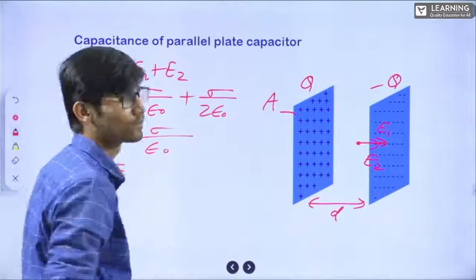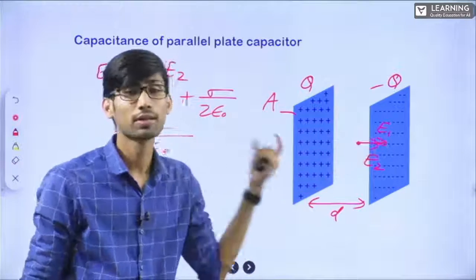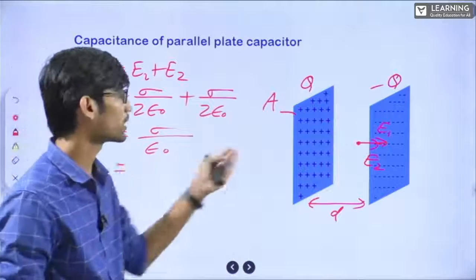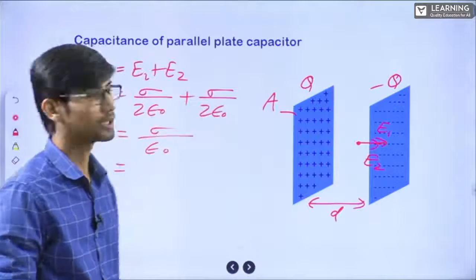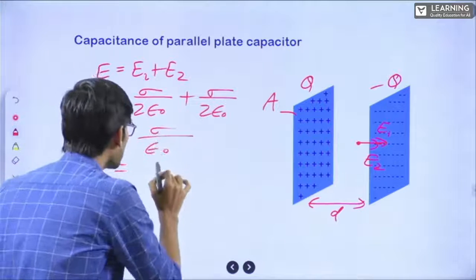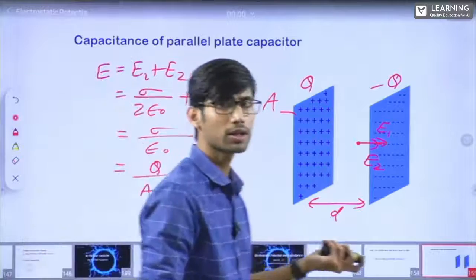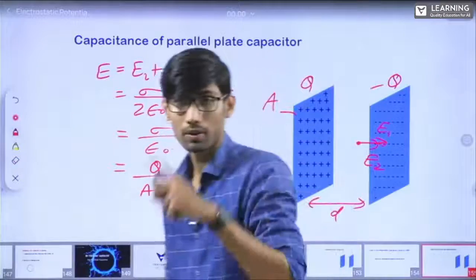This we already know: between any two infinitely long plates having equal and opposite charges, the electric field will be sigma upon epsilon naught, away from the positive charge and towards the negative charge. Fine. Now I can write this as Q upon A epsilon naught, since I have written sigma as charge per unit area.